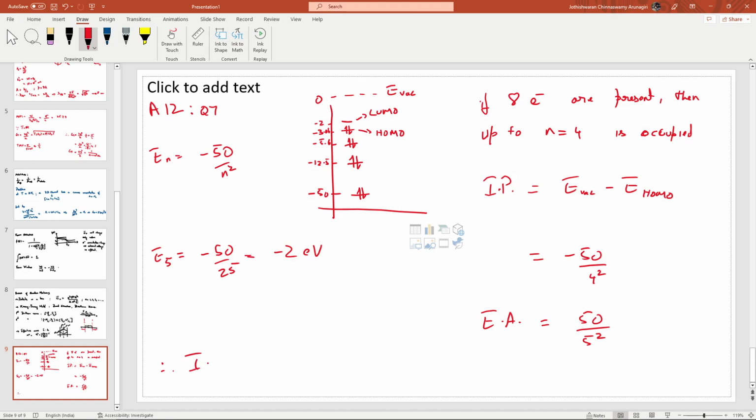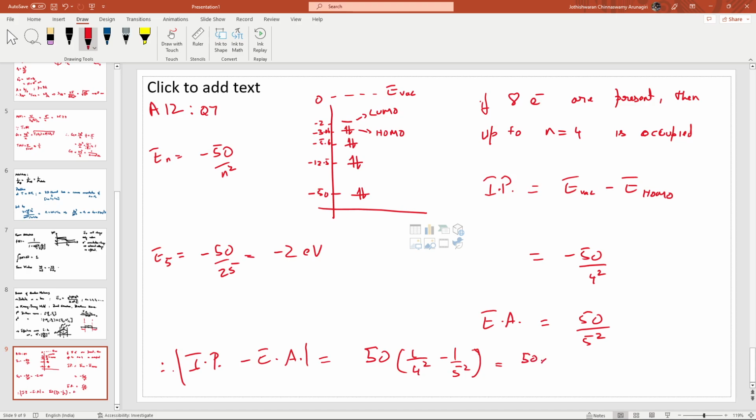Therefore, IP minus EA, the difference between the ionization potential and the electron affinity, looking at the modulus of this quantity, will be 50 into 1 by 4 squared minus 1 by 5 squared. This will be 25 minus 16 divided by 400, so that will be 9.